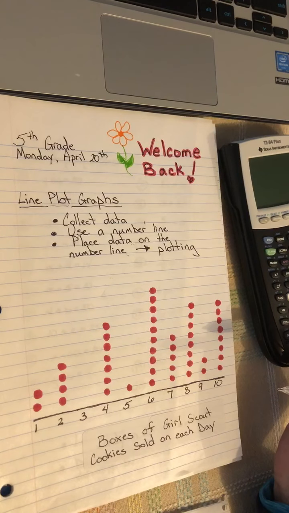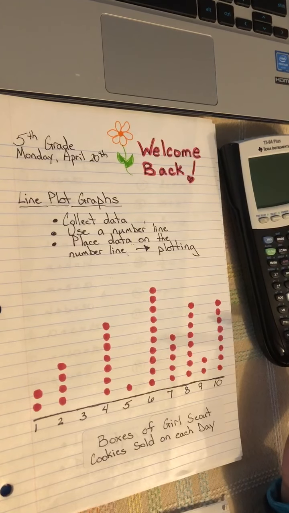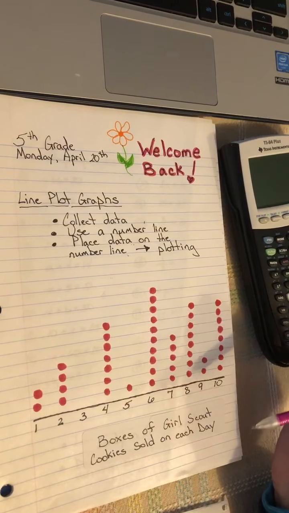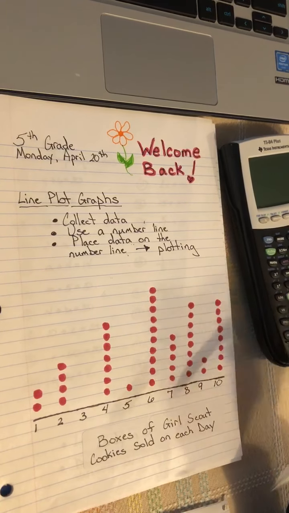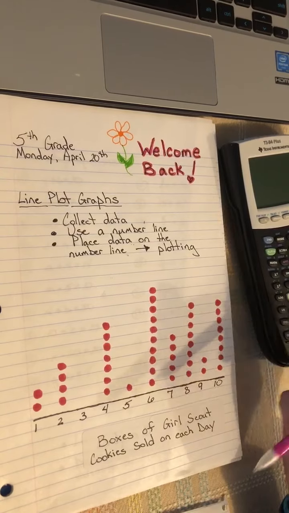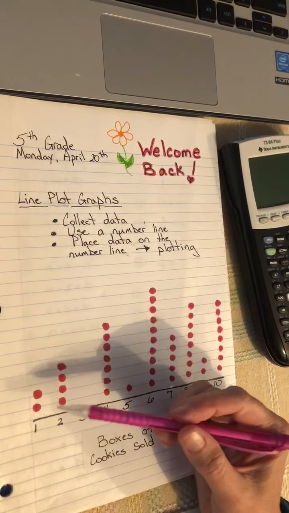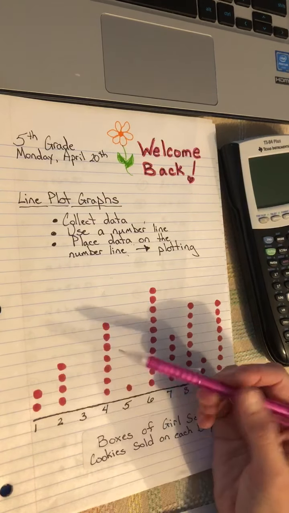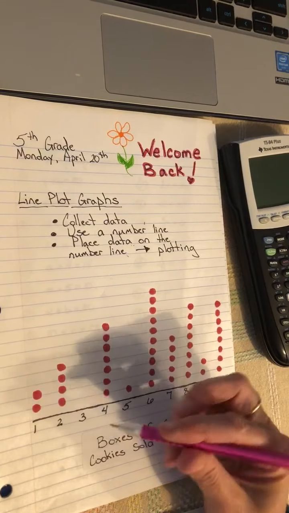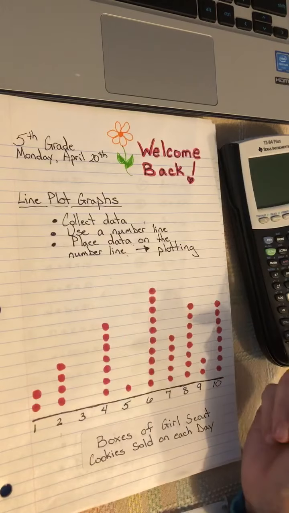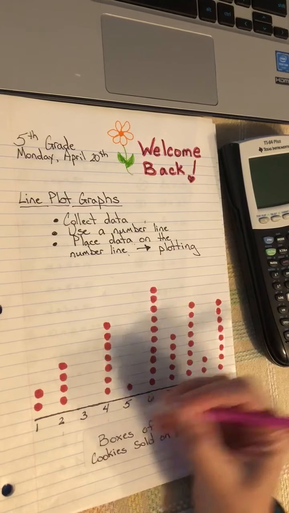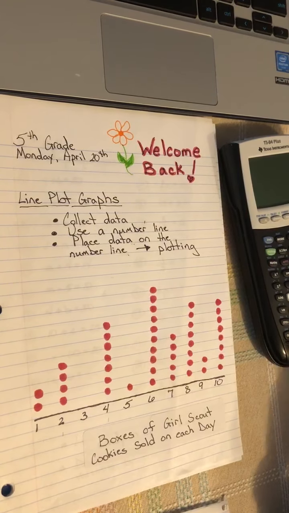How many days did the seller sell more than 2 boxes? All right, so this is one of the trickier questions. We only want the days that are more than 2. Cannot be equal to 2, it has to be more than 2. All right, so it is not day 1. All right, day 2. They sold more than 2. They sold nothing on day 3. Day 4, they sold more than 2.